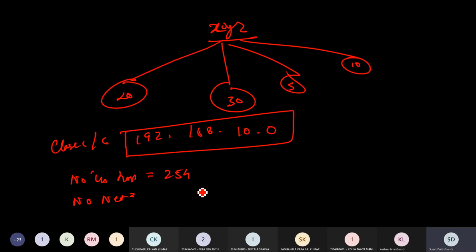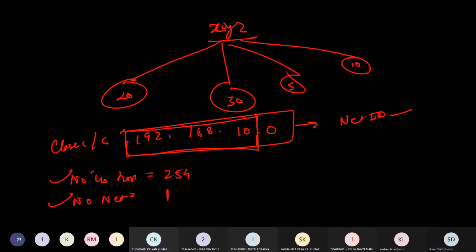Only one, because this is class C and this is my network bit. So this is my network ID, and there can be only one network ID possible and 254 hosts. Am I clear?